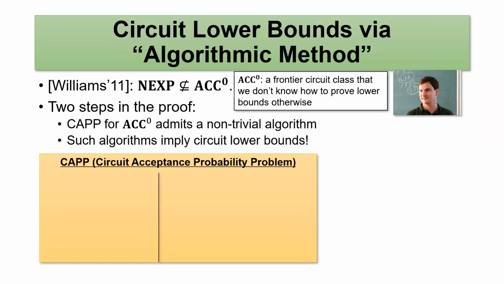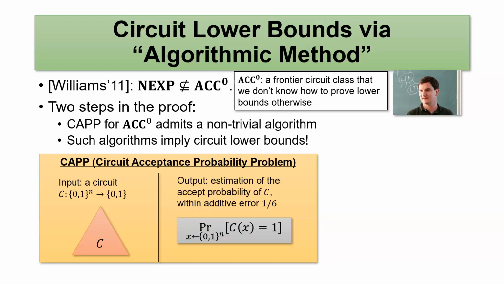CAPP here stands for circuit acceptance probability problem. The input to the problem is a circuit, and the output is an estimation of the acceptance probability of C. That is the probability that C of x equals 1 over all x, within some additive error, say 1 over 6.